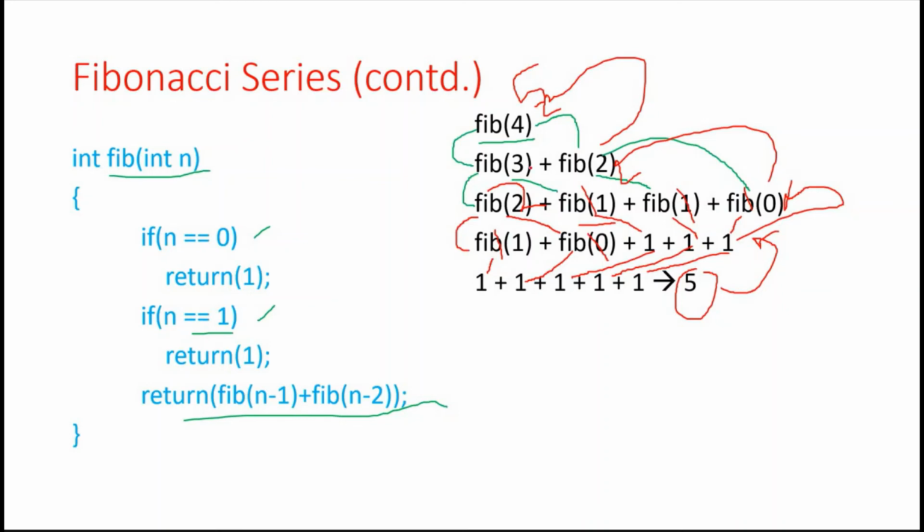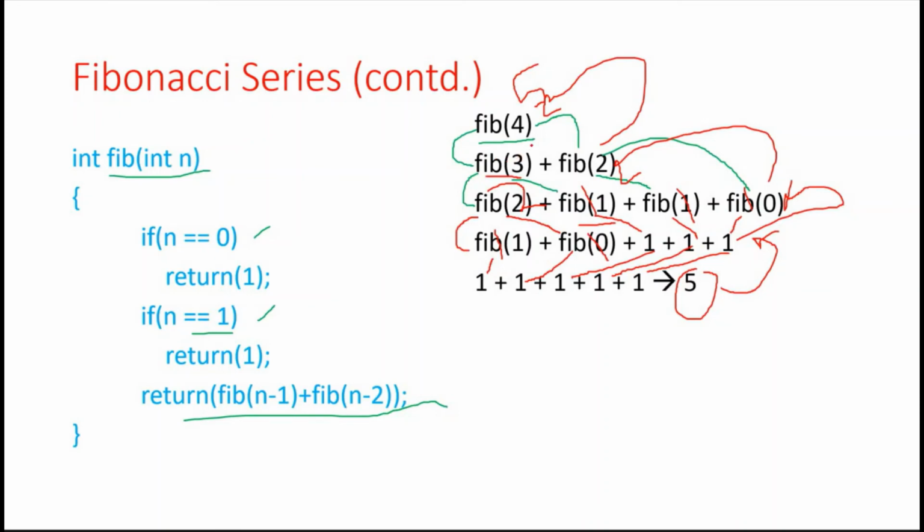Now in Fibonacci 3 we have divided Fibonacci 3 into Fib 2 and Fib 1. The value of Fib 2 is 2 and the value of Fib 1 is 1. If we add 2 plus 1, that is 3.